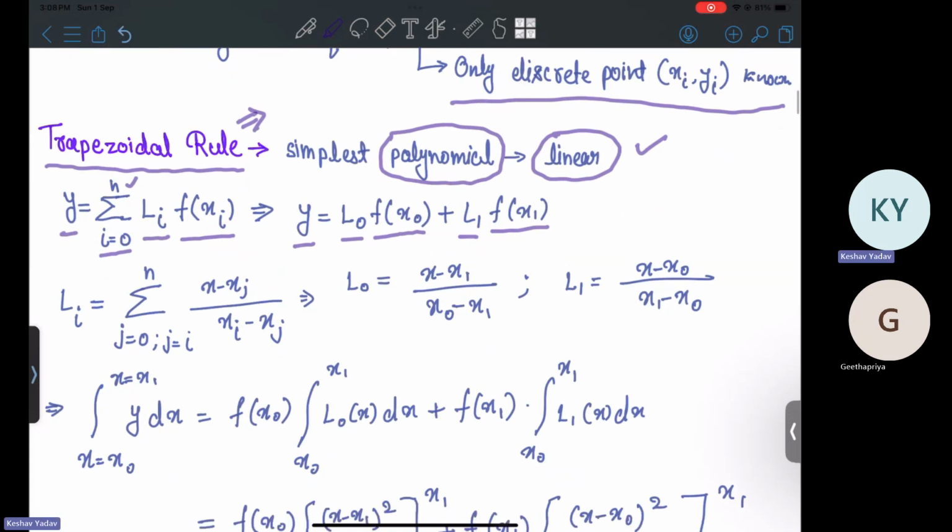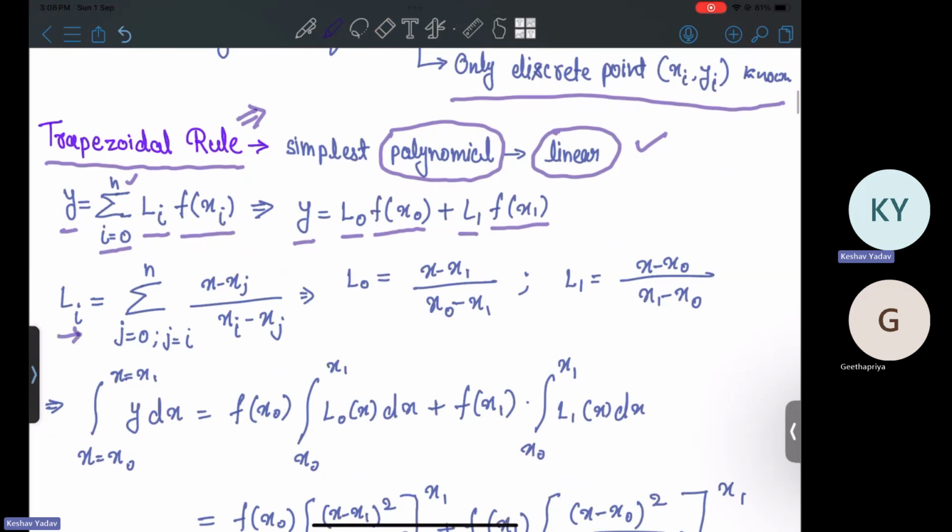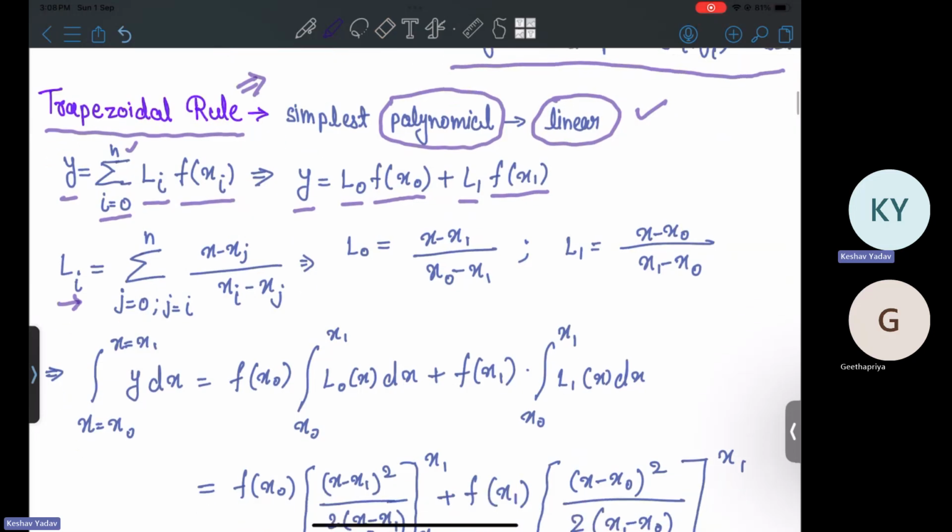Now how can we write this Lagrange polynomial function? This Li we can write as the product over j from 0 to n, j not equal to i, of x minus xj divided by xi minus xj. By using this function, I can write L0.